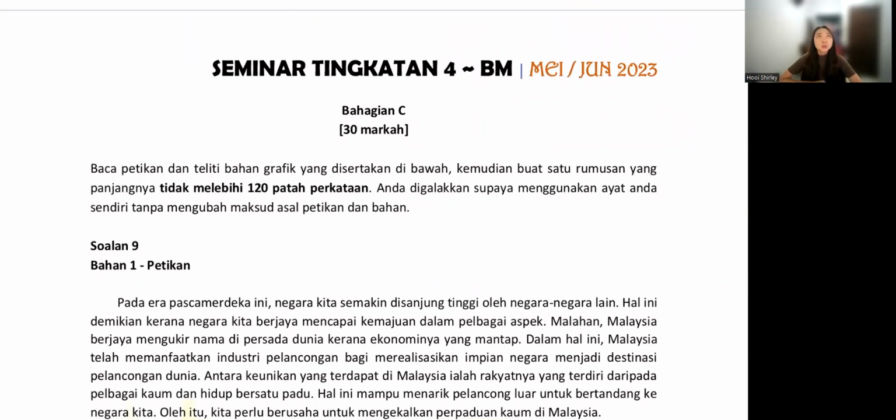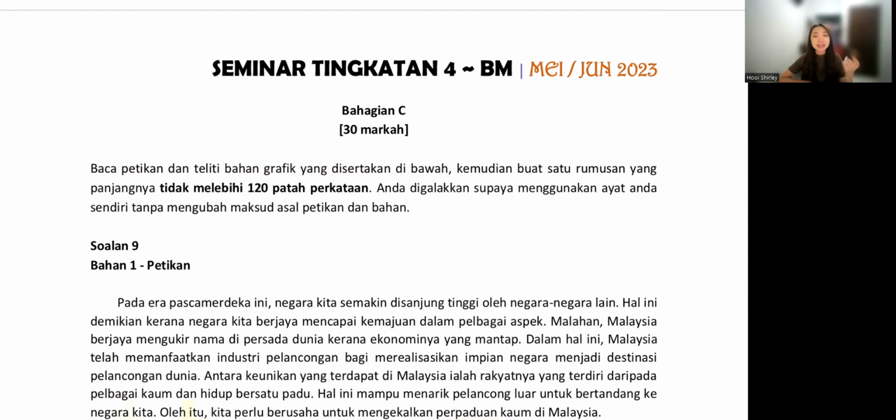All right. So what's the main difference for your rumusans between SPM level and Form 1, 2, 3? In Form 1, 2, 3, the rumusan will tell you what they want you to find, and then you just read the soalans and you know what you need to get from the petikan. But for your SPM level, sorry, they will never tell you that. You will need to identify the focus by yourself, which is what you need to write about.